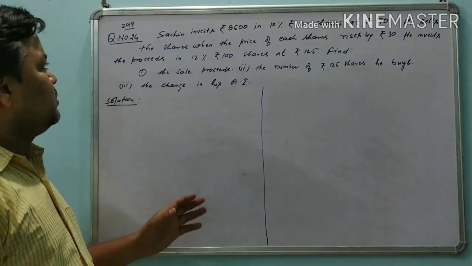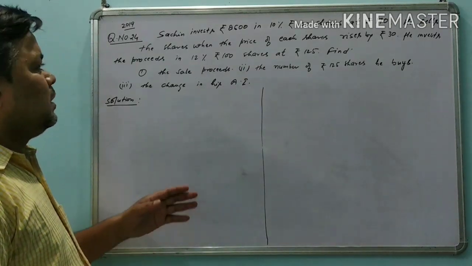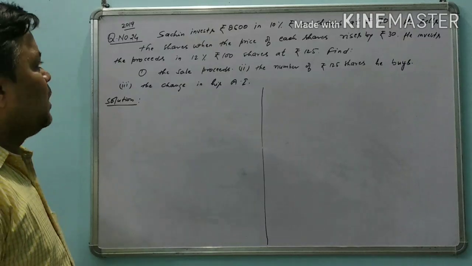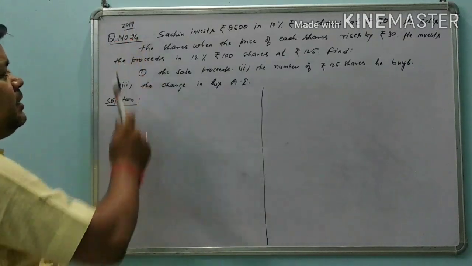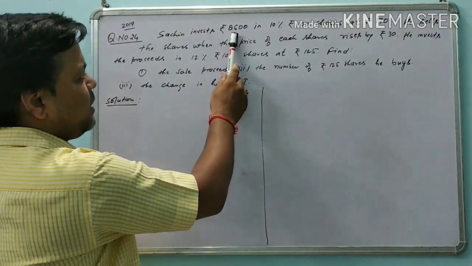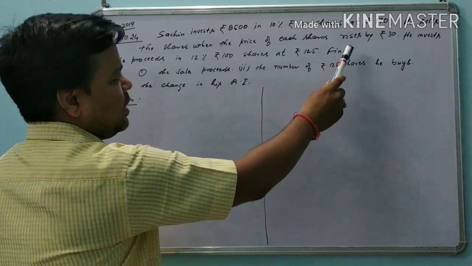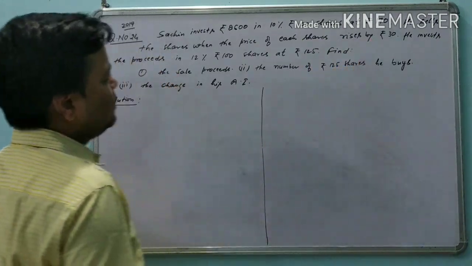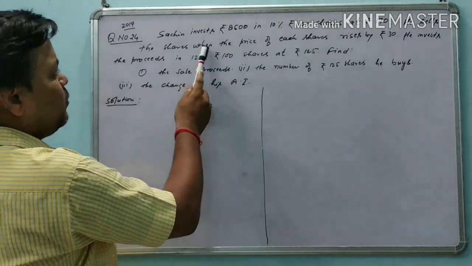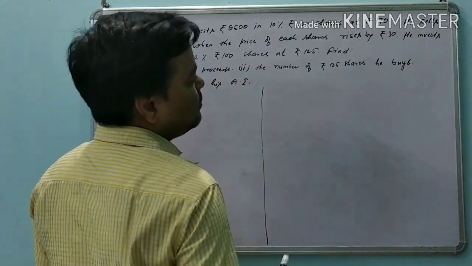In our last class, we discussed some questions, and today I would like to discuss question number 24, which is asking 2019. The question is: Sachin invests rupees 8500 in 10% rupees 100 shares at rupees 170, and he sells the shares when the price of each share rises by rupees 30.